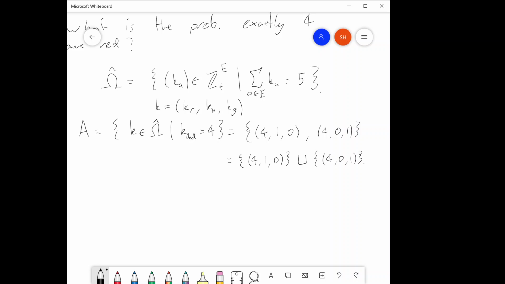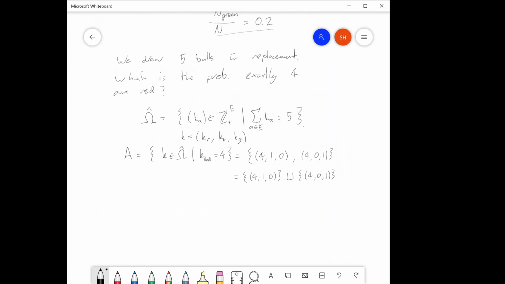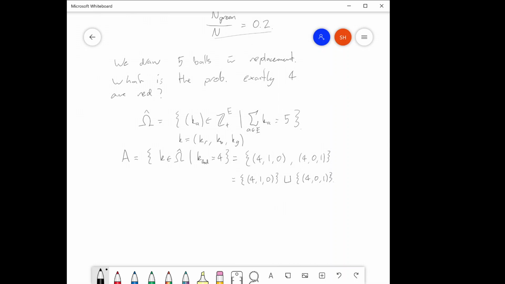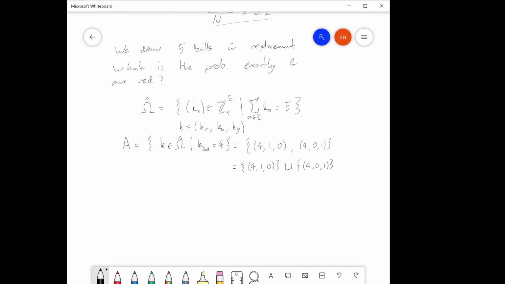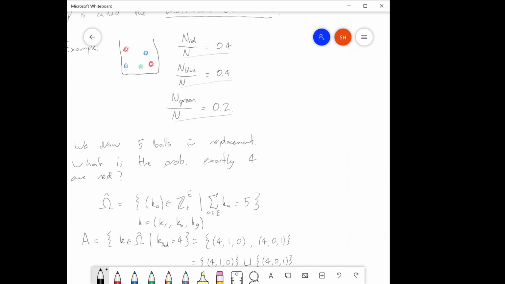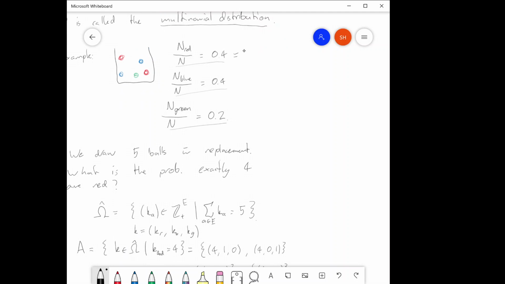Okay, so we can use the properties of our probability measure and the explicit formula to figure out what we get here. So this is going to be rho of red, this is going to be rho of blue, and this is going to be rho of green.